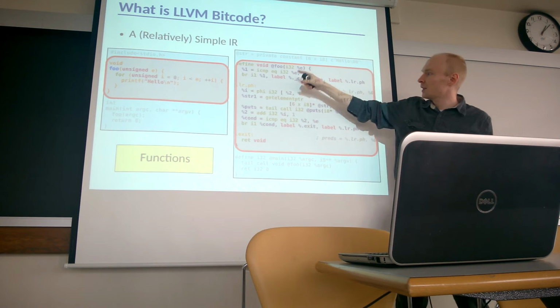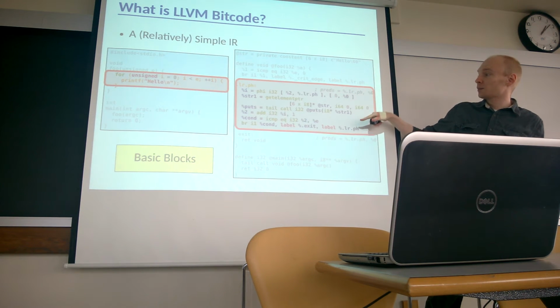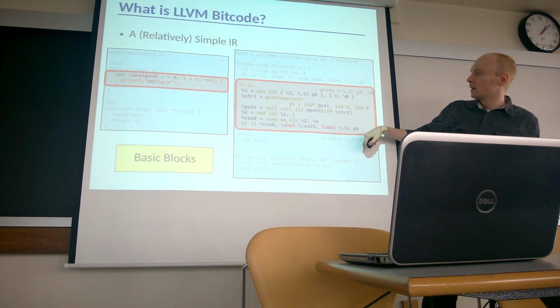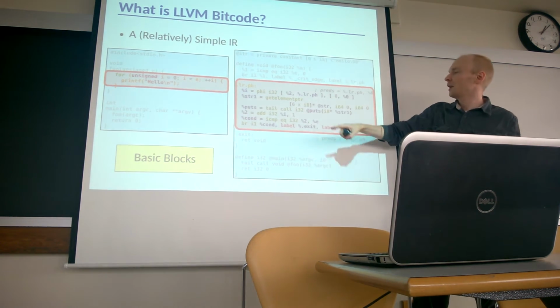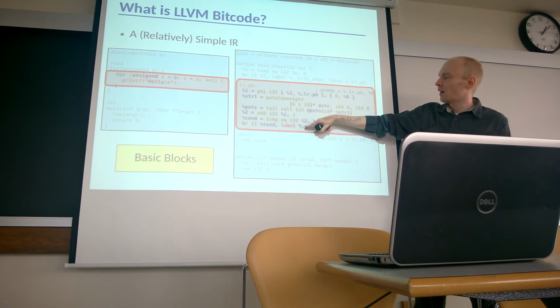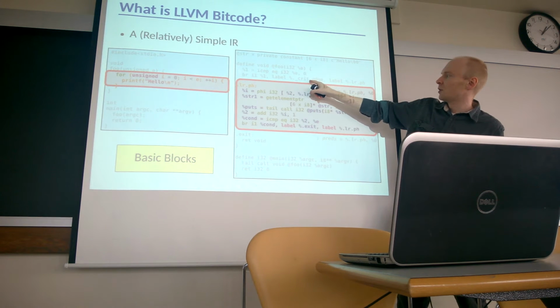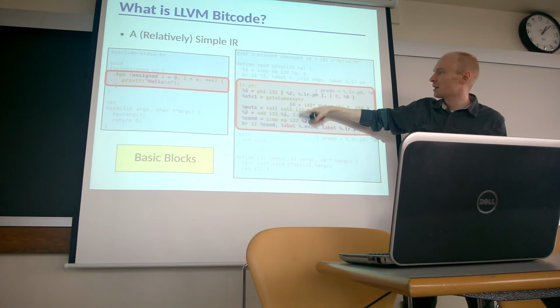Okay, so we've got our function there. We can see that we've got basic blocks. So we have our for loop here with a body that prints hello, and this is really the body of the for loop. Really there's a condition up here as well, but this is the body of the for loop anyway.